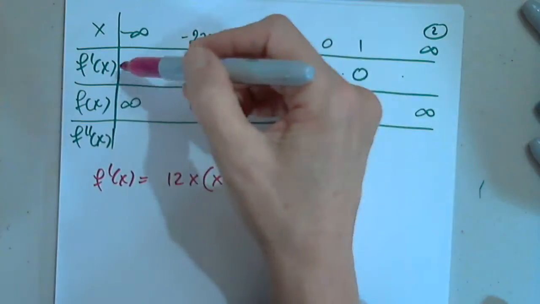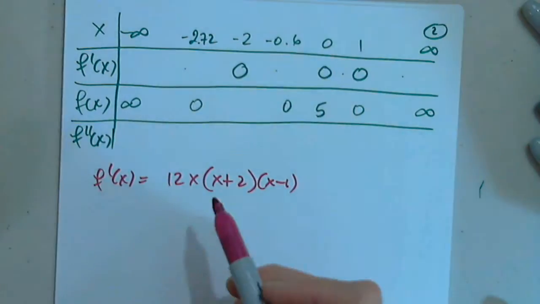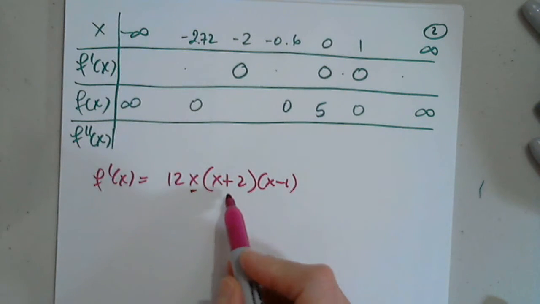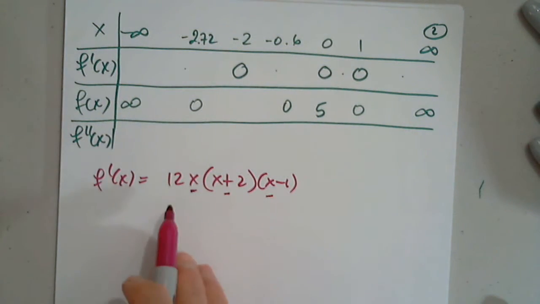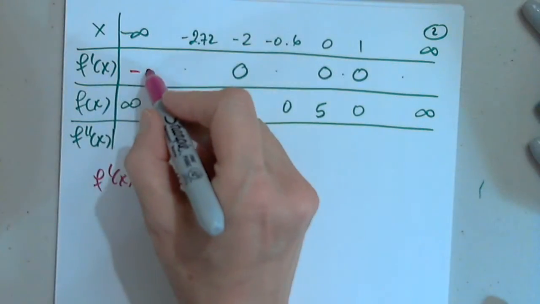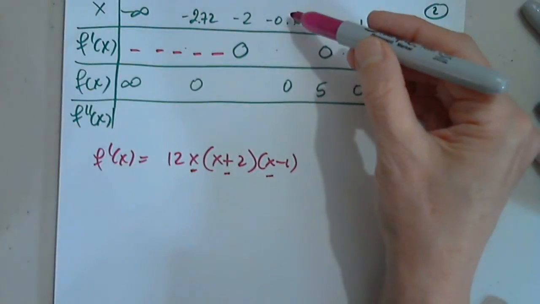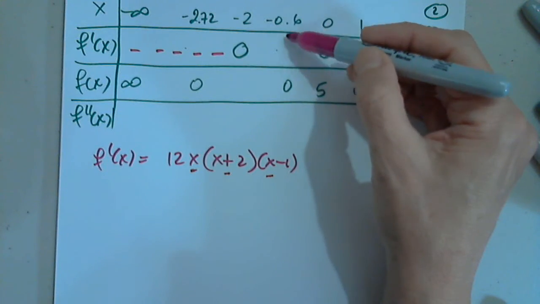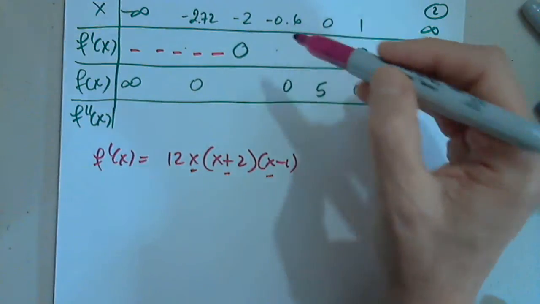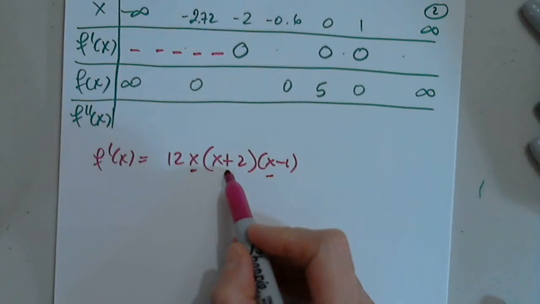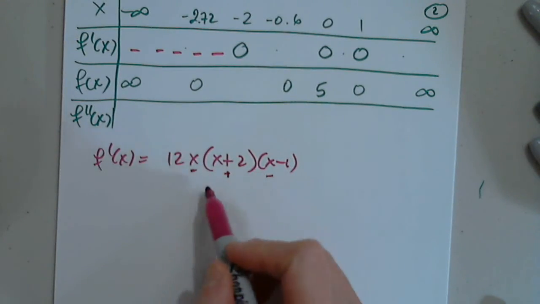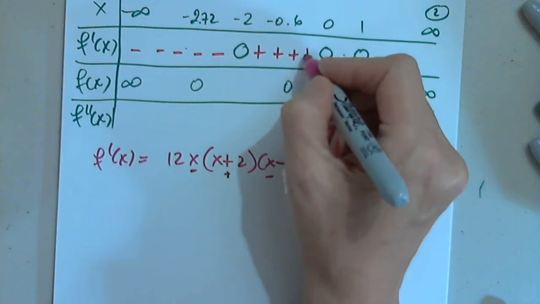If I plug in a number like -10, this is negative, this is negative, and this is negative. 3 negatives will give us a negative. I plug in -1, between -2 and 0. This is negative, but this is positive, and this is negative. So I get 2 negatives, so this is positive.